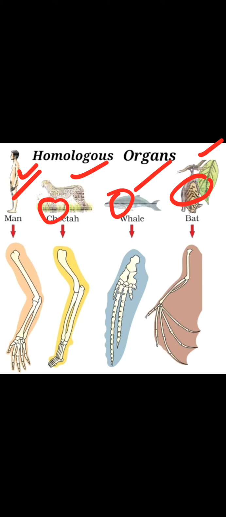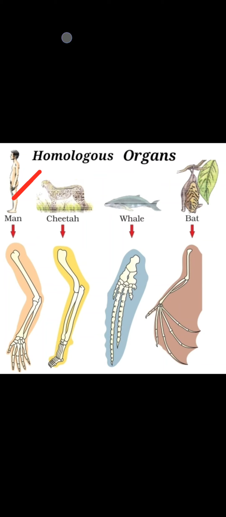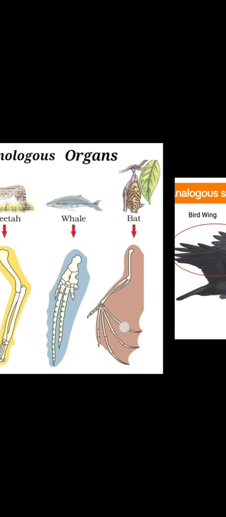Such organs are known as homologous structures which have similar origin. Same origin means sharing same ancestors, but different environment. Such characters, such traits, such organs are known as homologous organs.